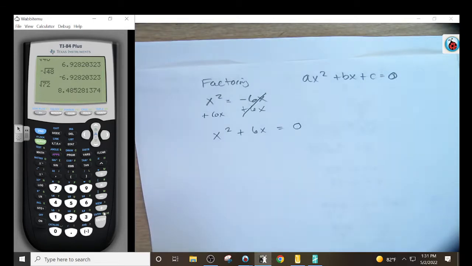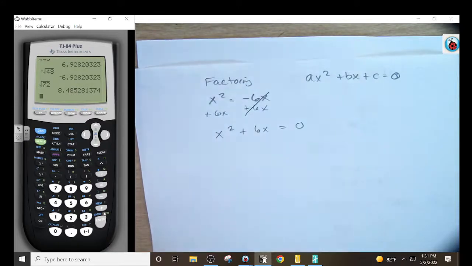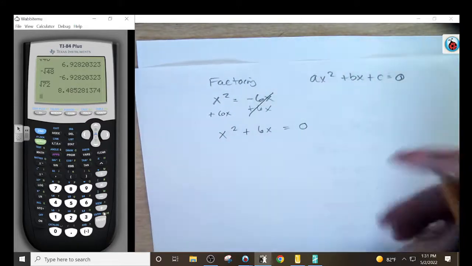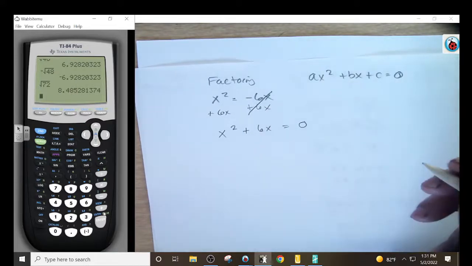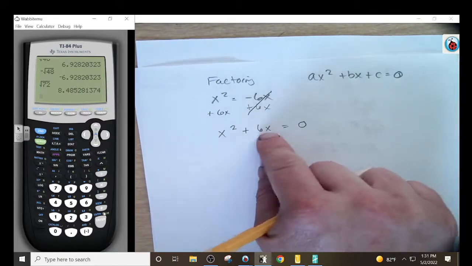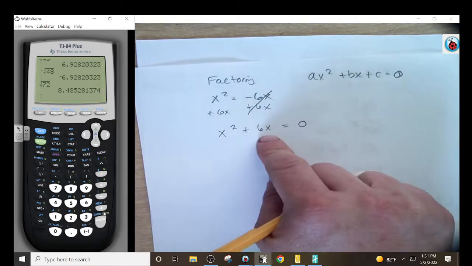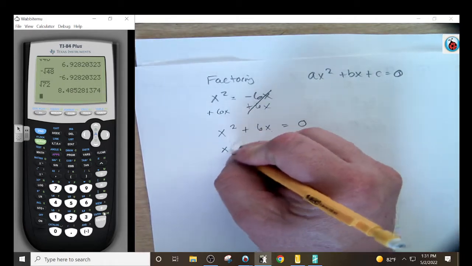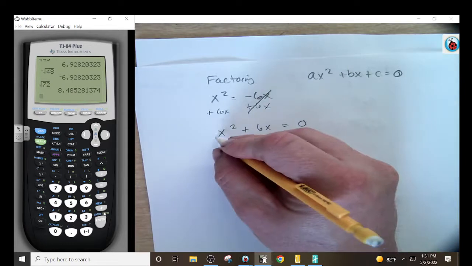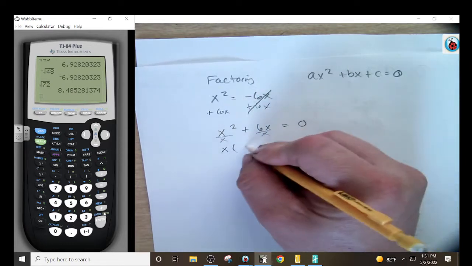Now, guys, this is a binomial. So you got two terms, and you've got the quad and the linear term. The way to work with one of these is you're going to factor a GCF out of it. The GCF between these two terms, notice both have an x in it, would be x. And then if I divide by x, that'll be x plus 6.